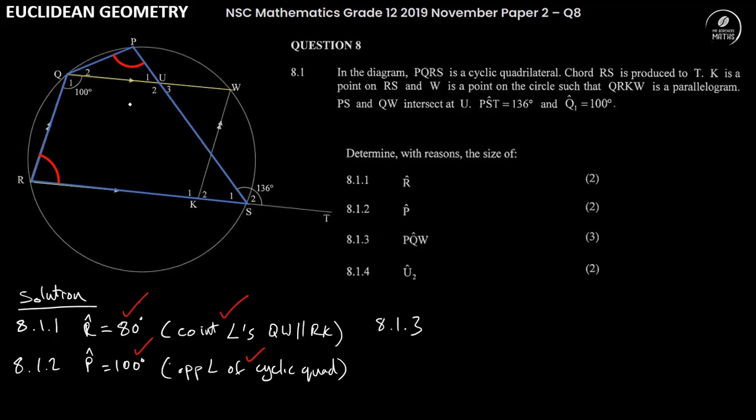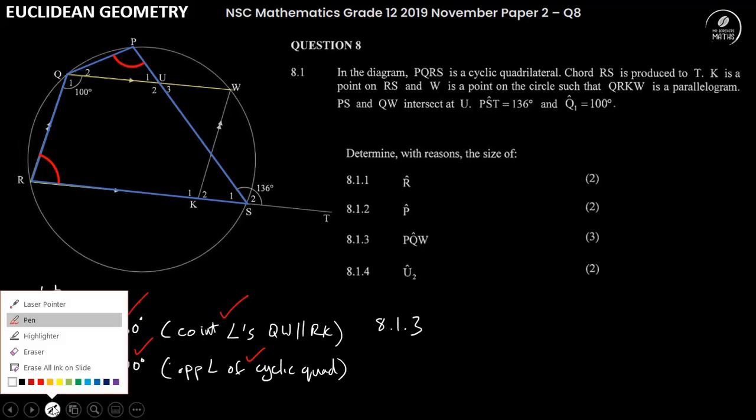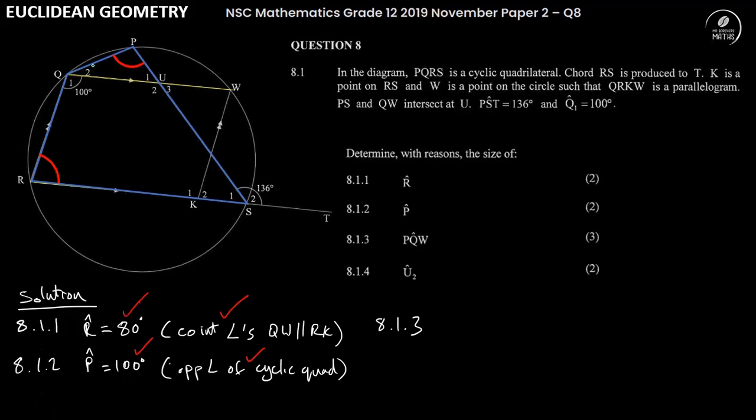You are asked to find the size of PQW. Let's mark that there. The size of PQW, this little angle right there. We need to work out the size of that. Sticking with the fact that PQRS is a cyclic quadrilateral, we can see that angle S2 or angle PST is the exterior angle opposite angle PQR.